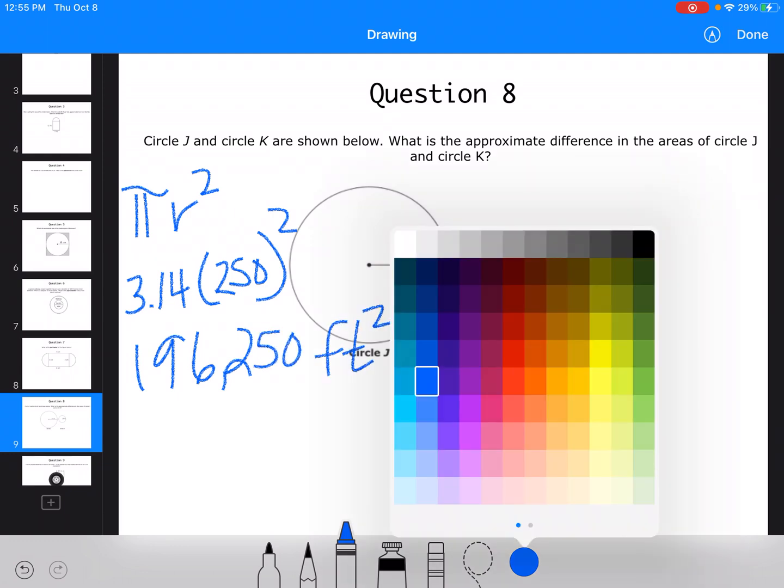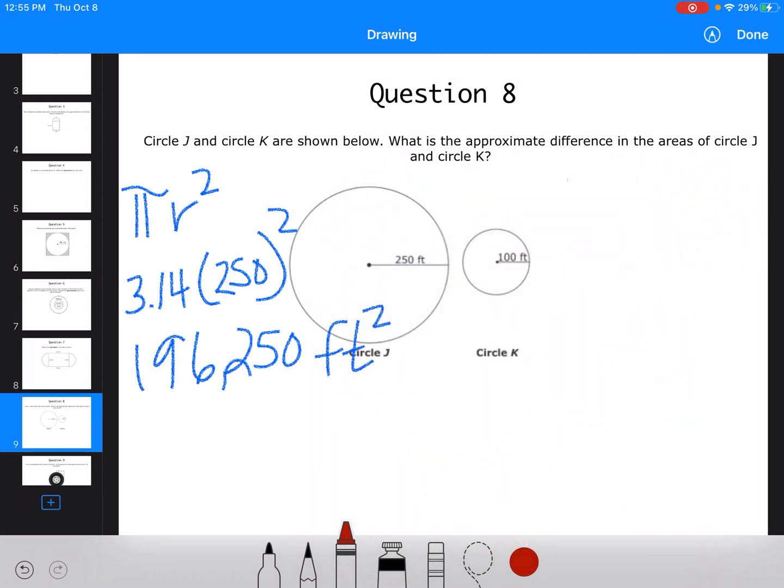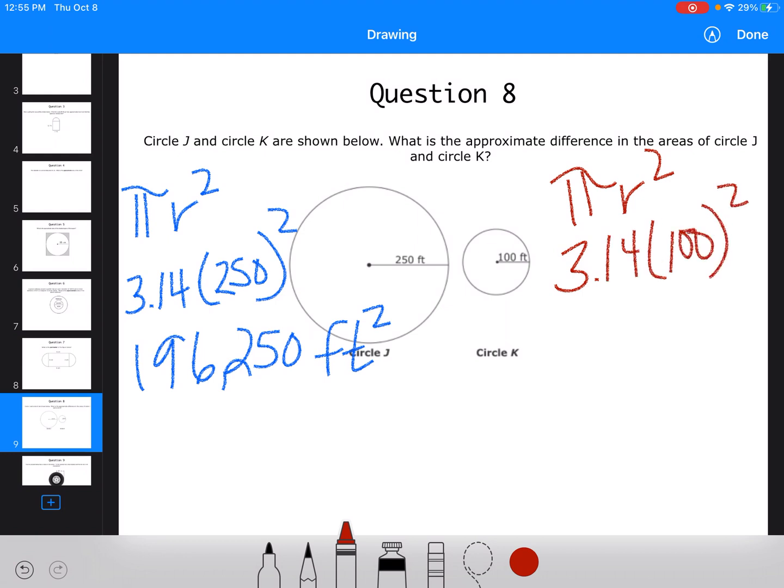And then I'm going to do my other one. So I end up with pi times radius squared, 3.14 times 100 squared. So 3.14 times 100 times 100, and I get 31,400. So they want to know the approximate difference.